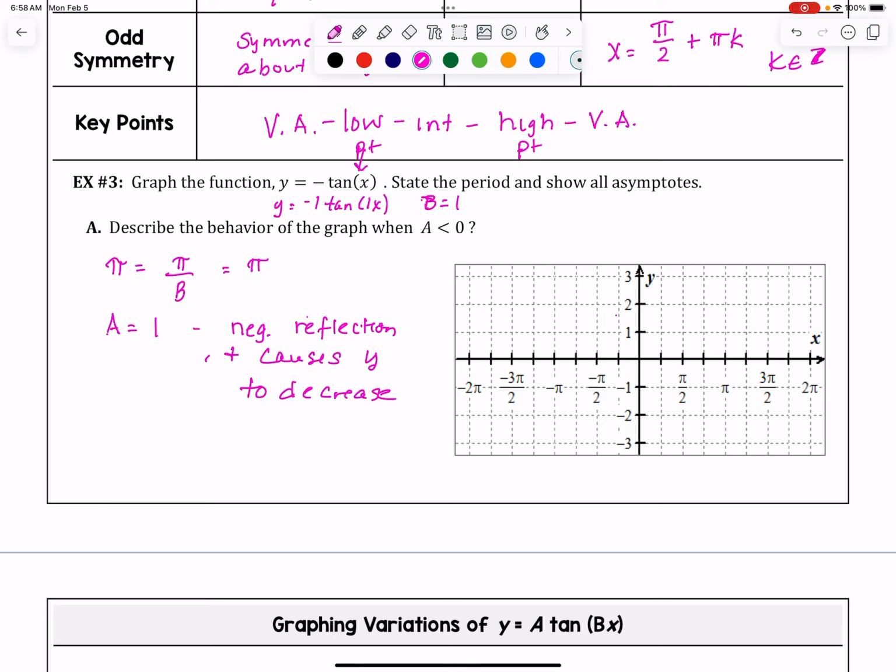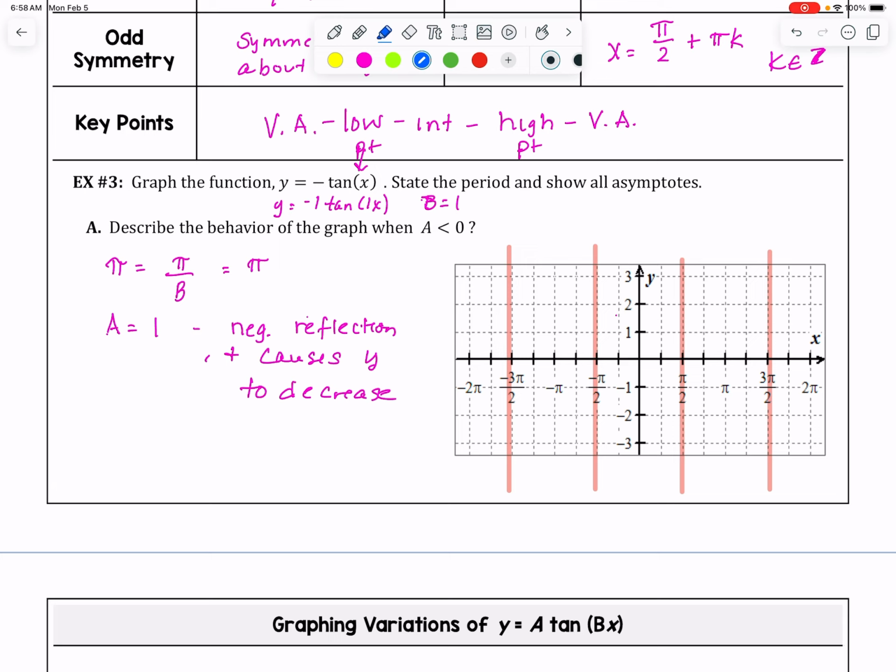All right, so our asymptotes are still going to be at pi over 2. That's not going to change in this particular one. So let's put them there. Pi over 2, 3 pi over 2, pi over 2, 3 pi over 2, okay? And instead of increasing, it's going to decrease.